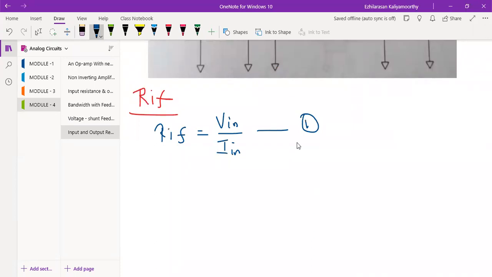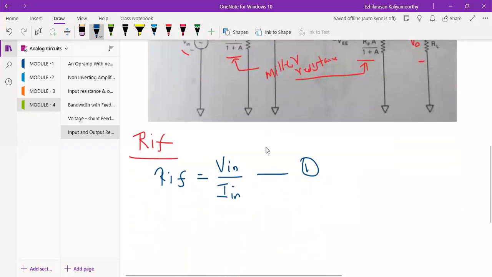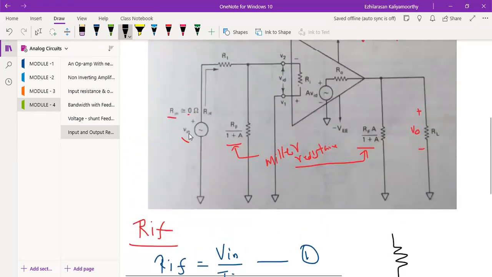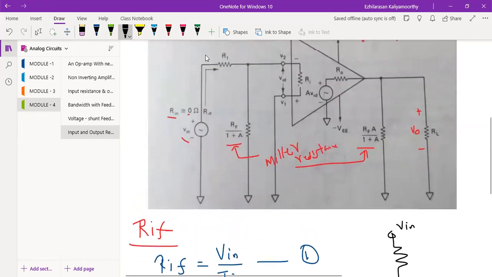Next, from this figure, consider the input resistance, that is Ri. I will see from this input side. Let me take a diagram. This will be your R1 resistance, because the input is going through R1.